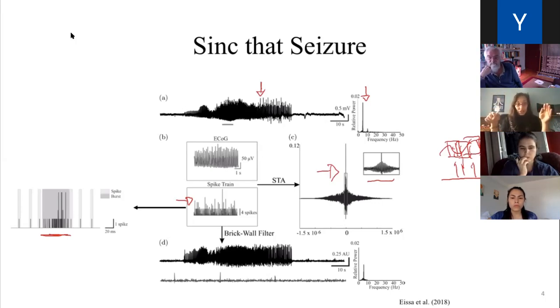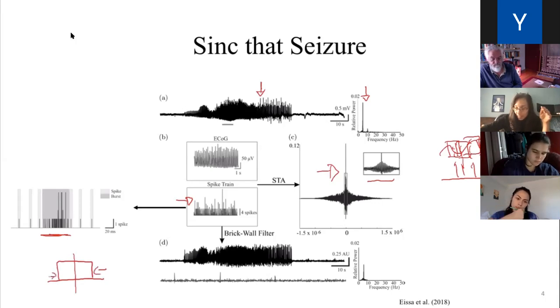So an ideal filter means that here's your brick wall. You want to make sure that these sides are straight, rectangular functions, right?